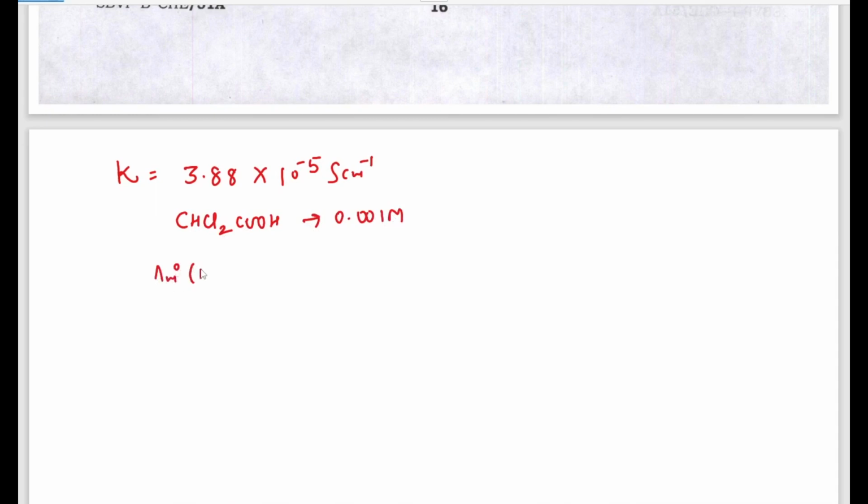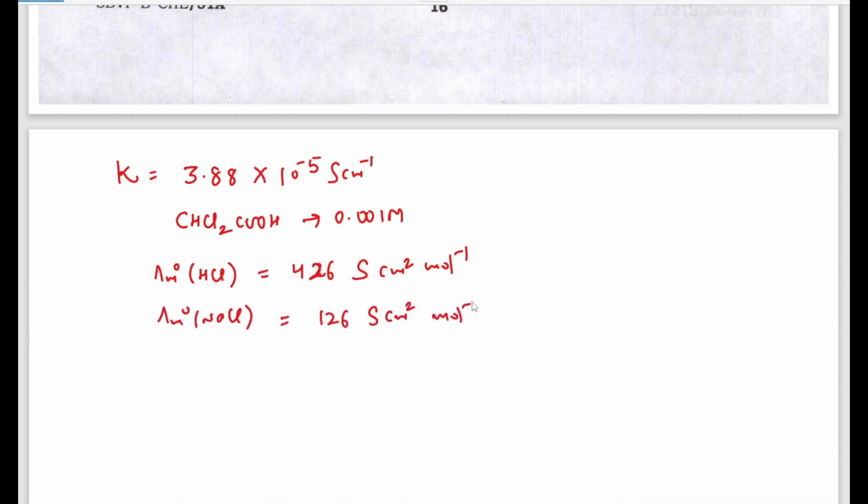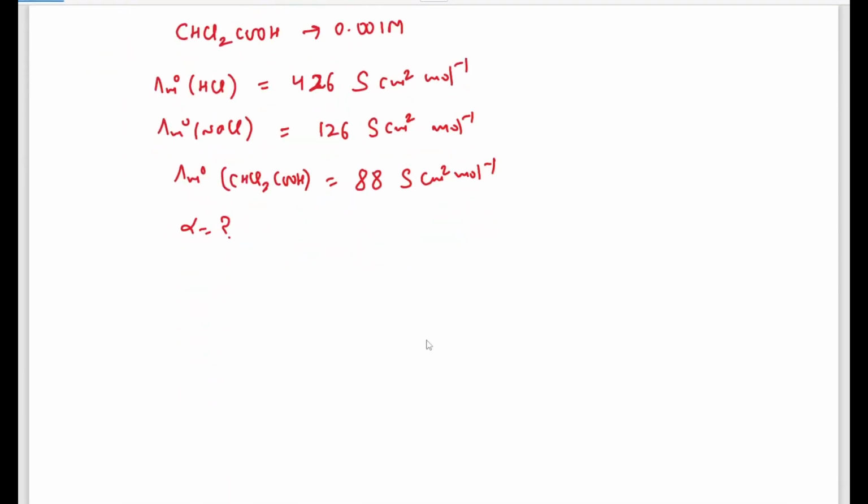The molar conductivity of HCl is given, that is 426 S cm² mol⁻¹. The molar conductivity for NaCl is 126 S cm² mol⁻¹, and the molar conductivity for sodium dichloroacetate is 88 S cm² mol⁻¹, and we have to find lambda, alpha, that is the degree of dissociation, and the dissociation constant.